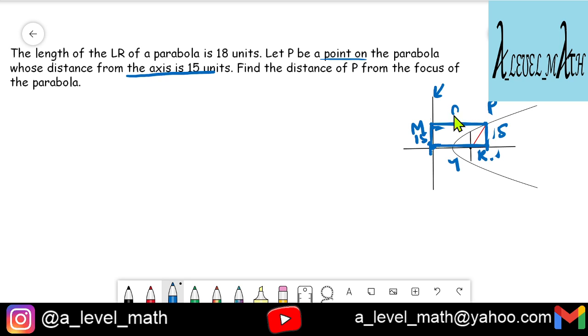So that means this 9 plus k, which is the distance from the directrix, should be equal to this, because this is the definition of a parabola. So in a right angle triangle, we get that my hypotenuse is (9 plus k) whole squared, and my perpendicular and base are 15 and k respectively. So 15 squared plus k squared.